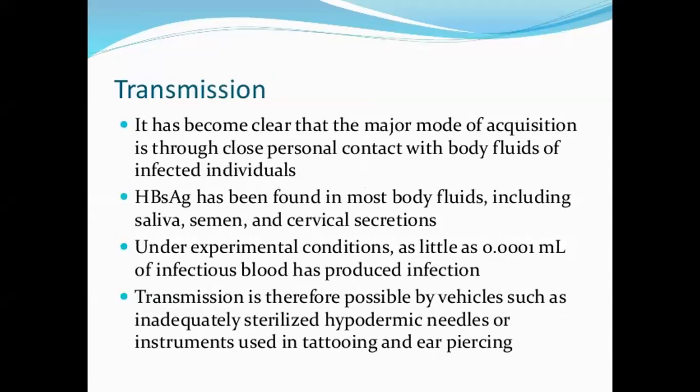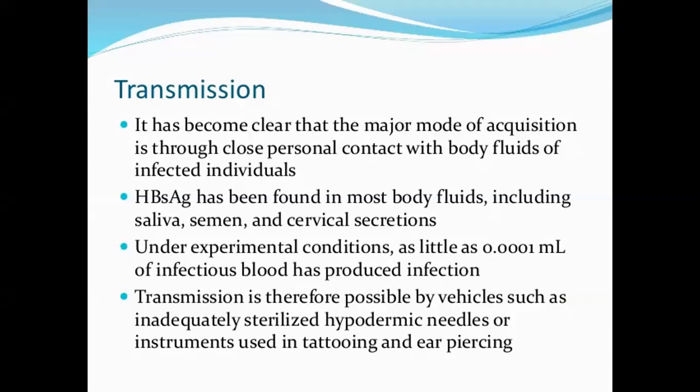So how is it transmitted? It has become clear that the major mode of transmission is through close personal contact with body fluids of infected individuals. Hepatitis B surface antigen has been found in most body fluids, including saliva, semen, and cervical secretions. Under experimental conditions, as little as 0.0001 ml of infectious blood has produced infection.